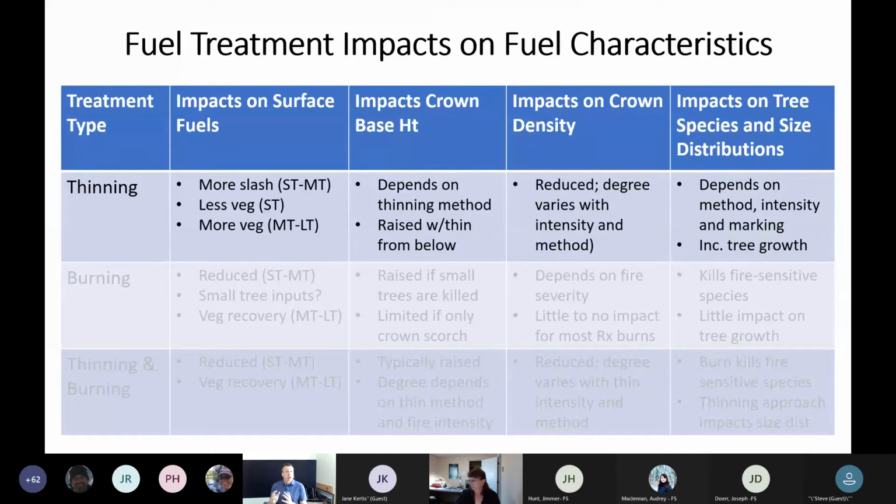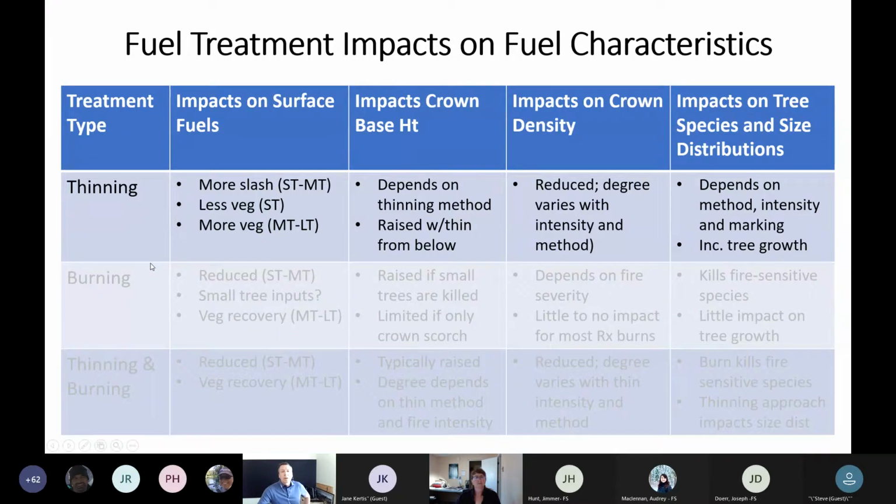Okay, so let's think about how these three categories of silvicultural activities, thinning focused on overstory density reduction, burning treatments focused on surface fuel reductions, and then the combination of the two, are going to correspond to changes in those four major principles of fuel reduction. And let's start with overstory density reductions, like thinning.